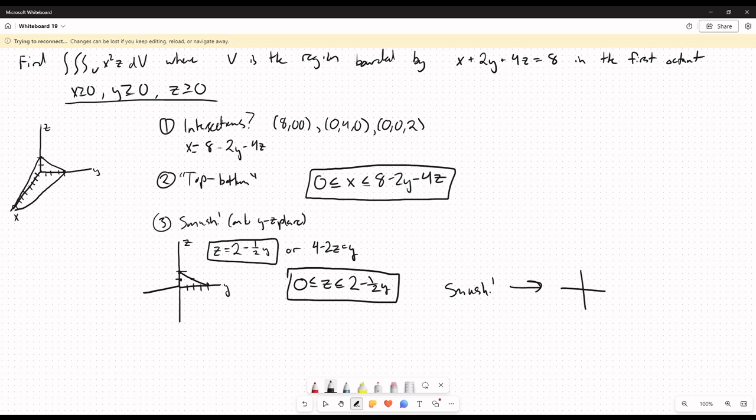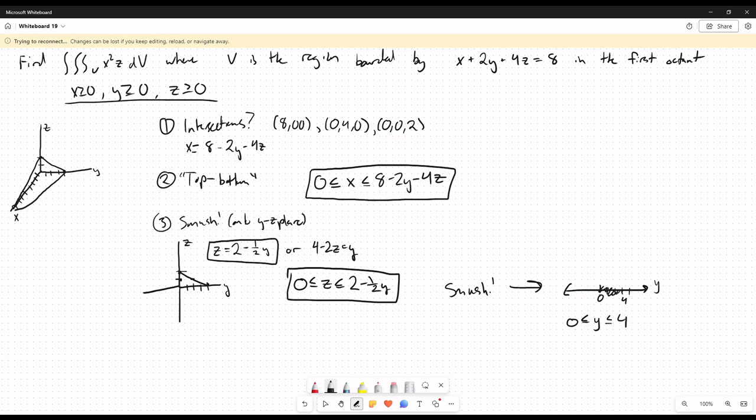What's that picture going to look like? When we smush it onto the y-axis, all that we have is stuff going from 0 to 4. So we see that 0 is less than or equal to y is less than or equal to 4.